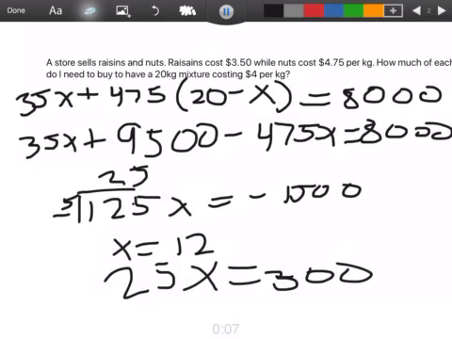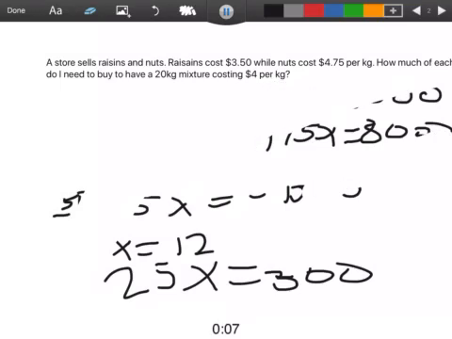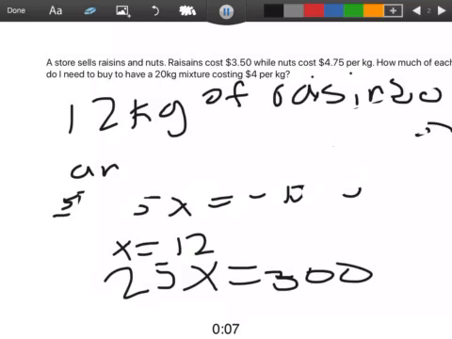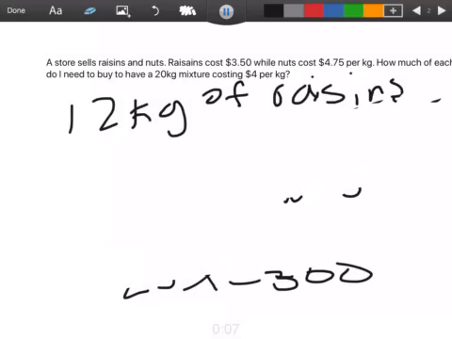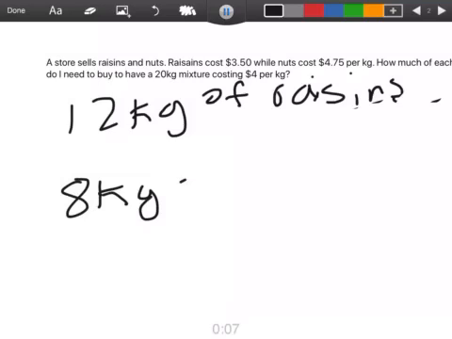So we have 12 kg of raisins and 8 kg of nuts. The check is left to you.